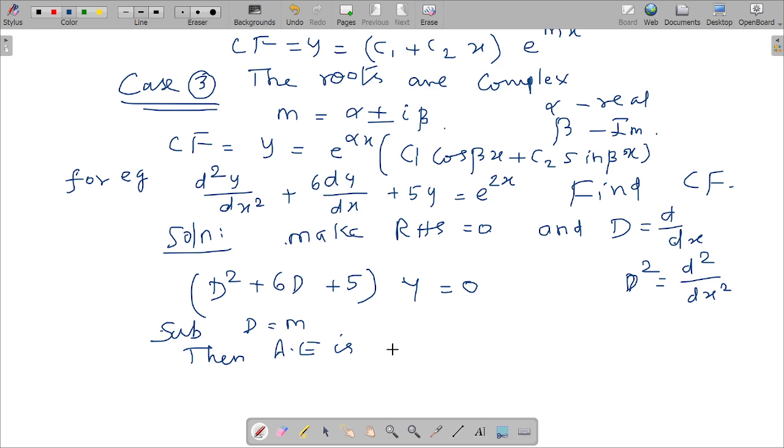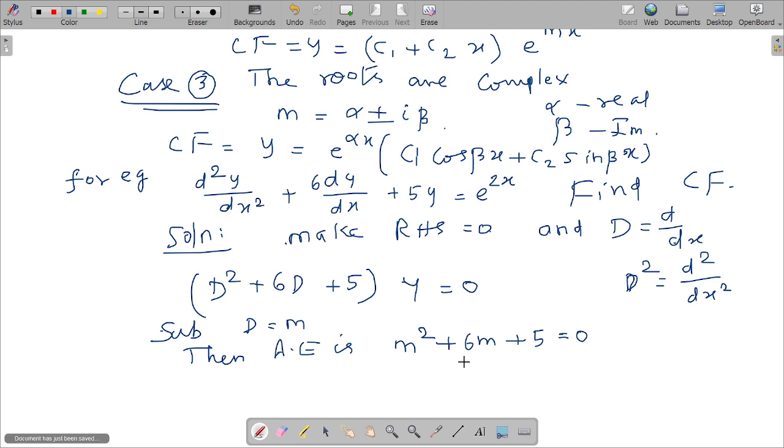What is the auxiliary equation here? m square plus 6m plus 5 equal to 0. When you are writing the auxiliary equation, no need to write that y. After finding the auxiliary equation, you find the roots of this.